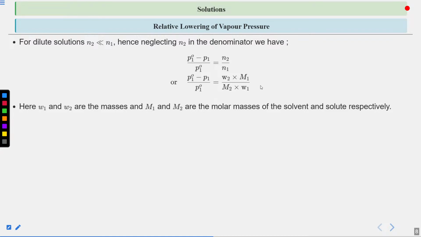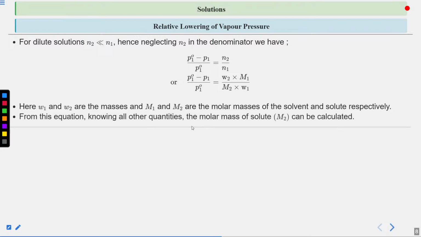Most of the time we deal with this approximation. In many questions you will not have this n2 value, so don't panic in that case, just use this equation directly. Here W1 and W2 are the masses and M1 and M2 are the molecular masses of the solvent and solute. Our main goal is to calculate the molar mass of the solute.